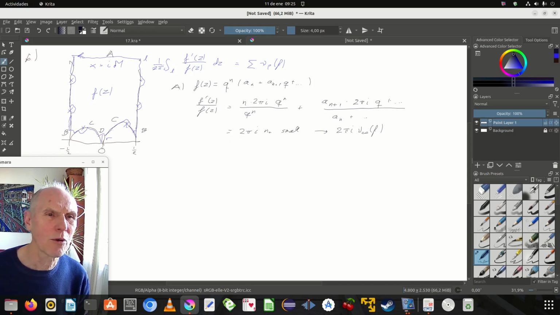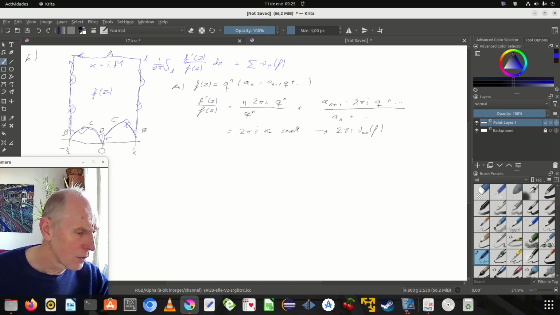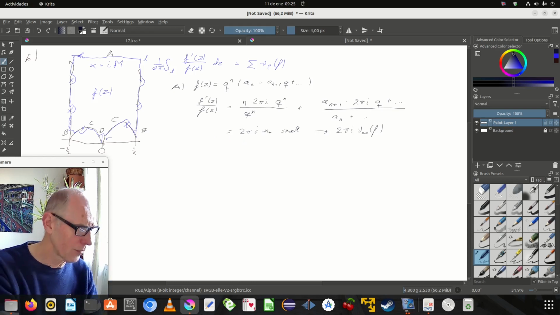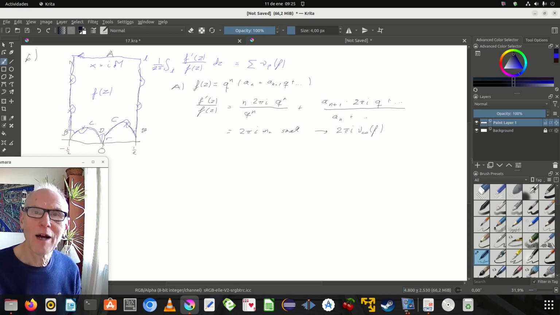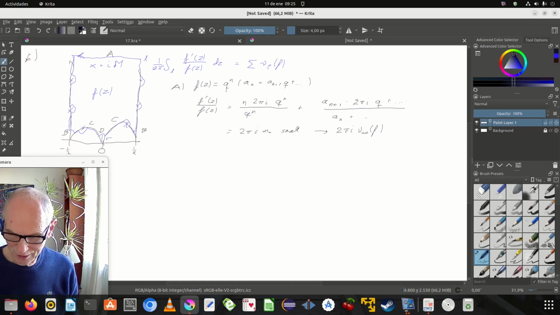But the integral from 1/2 to -1/2, that turns to the negative value. That was unexpected. I will just check that.